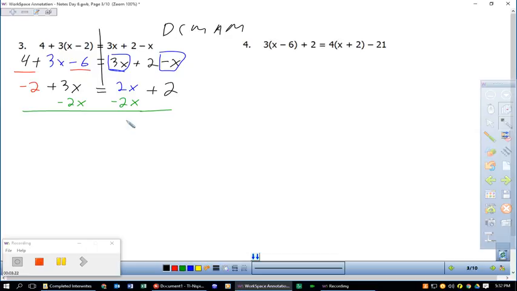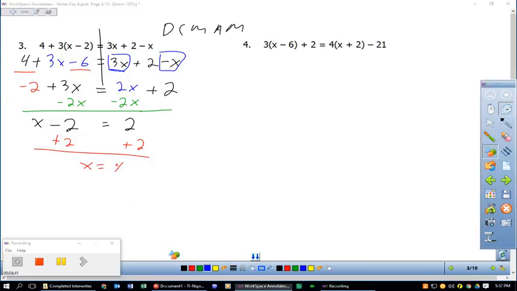That gives us a 2 on the right side and an x. I'm going to change the order, x minus 2. We have 1x, and the minus 2 comes down. Adding 2 to both sides, we get x equals 4. And there's our solution.